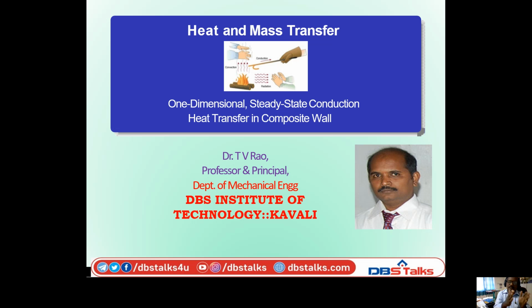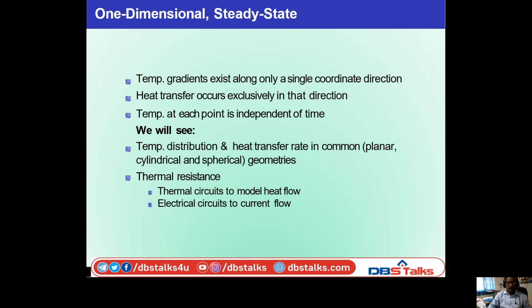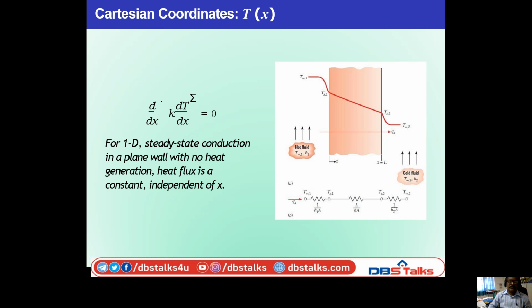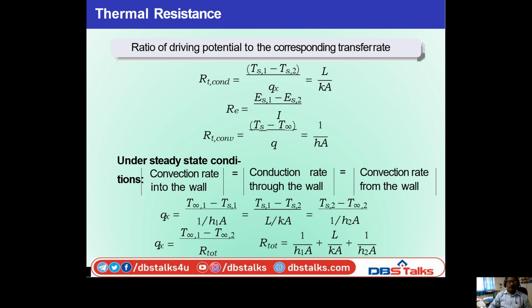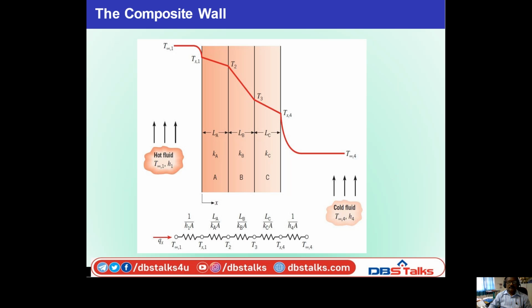Because these three layers will have three different properties. Last class we discussed how heat transfer occurs for a single plain wall. Today we will discuss how heat transfer occurs in a composite wall.